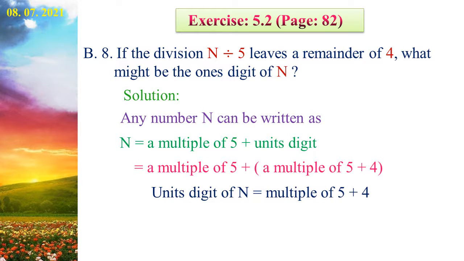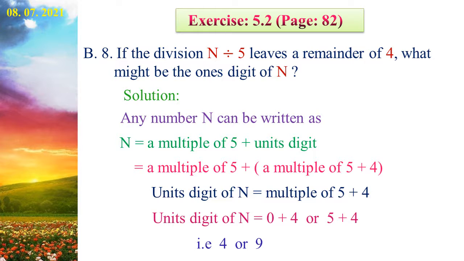Units digit of n equals a multiple of 5 plus 4. Units digit of n equals 0 plus 4 or 5 plus 4. That is 4 or 9.